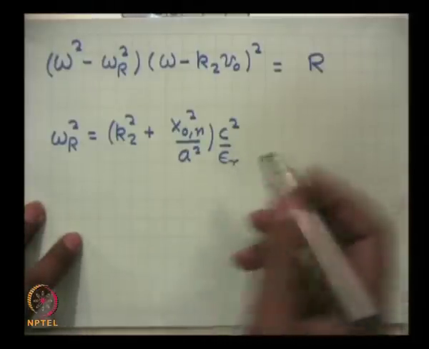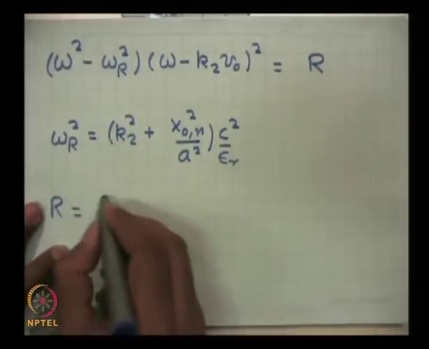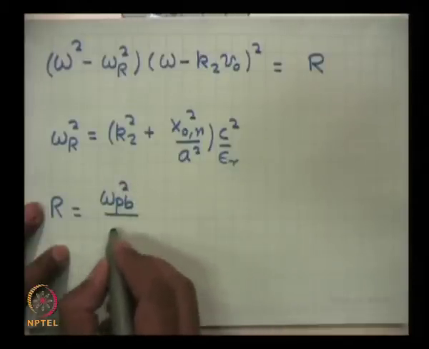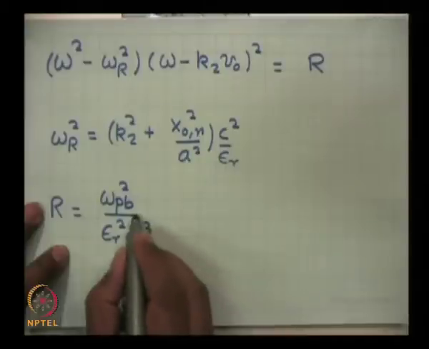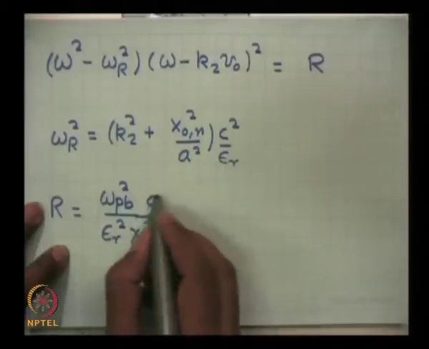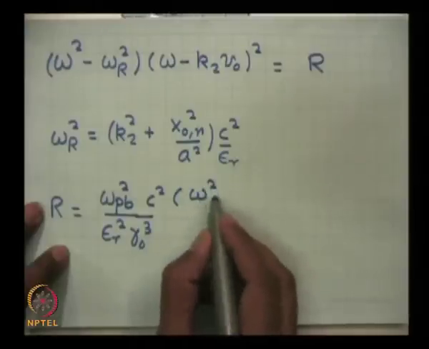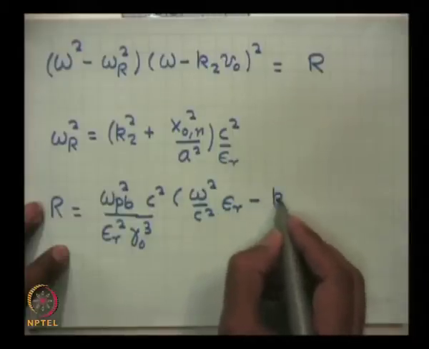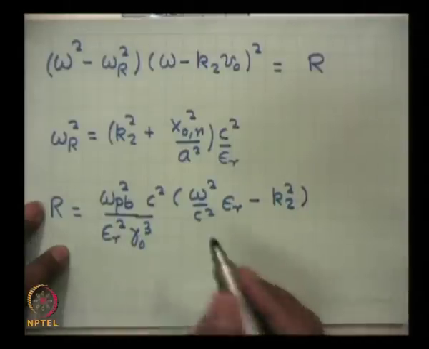And r turns out to be equal to omega pb square upon epsilon r square gamma 0 cube c square, multiplied by omega square by c square epsilon r minus kz square, divided by, well, this is all.